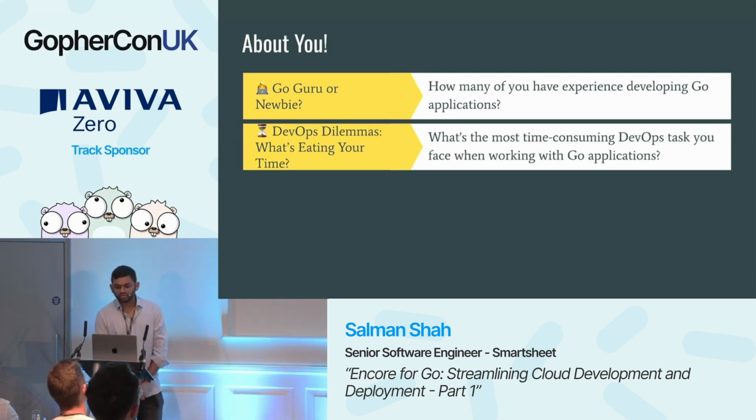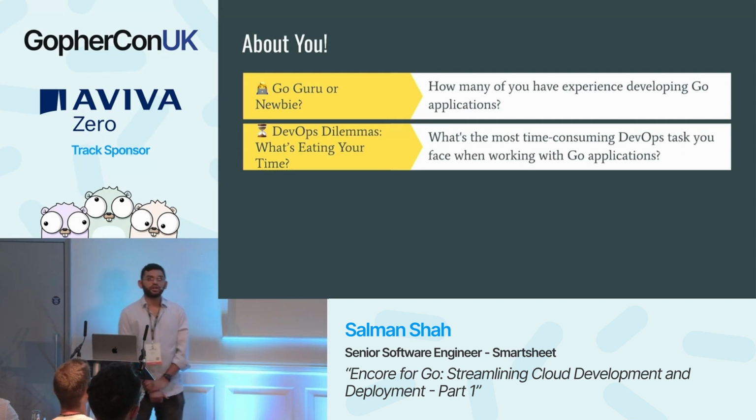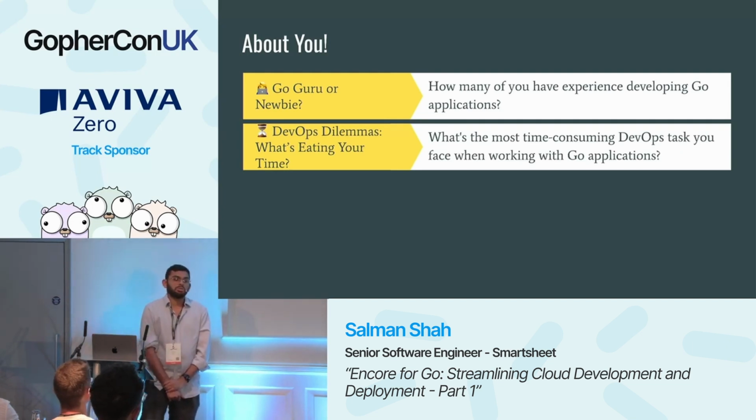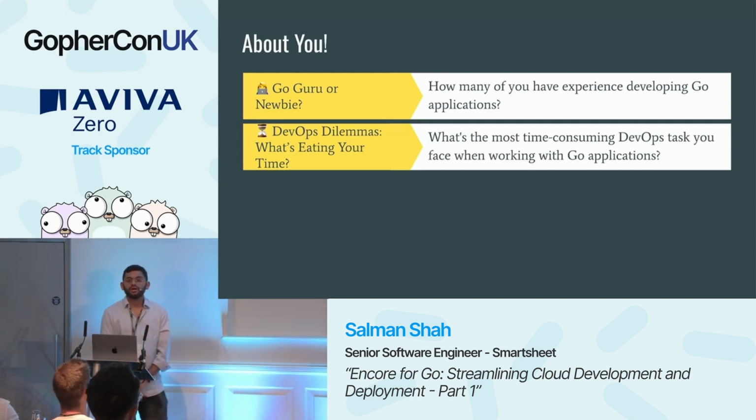But everyone who's developed, and we've had a mixed room, what takes the most time whenever you're working with Go applications? So let's say you've got your API ready. Let's say you've written some code. Any DevOps tasks? Anybody?